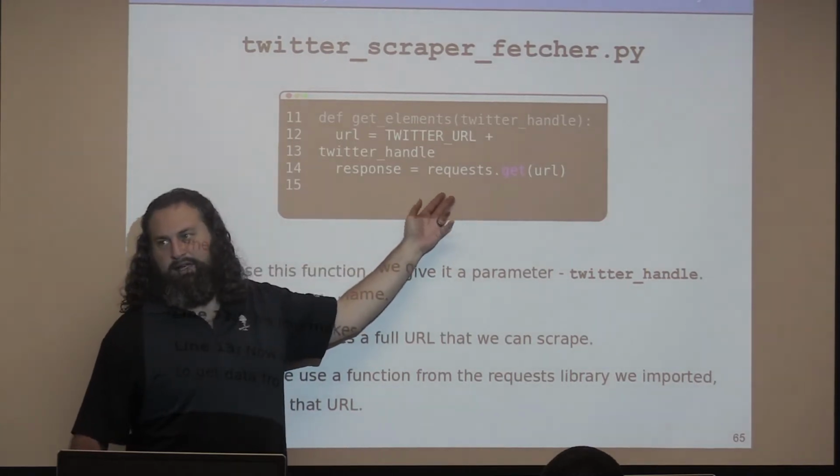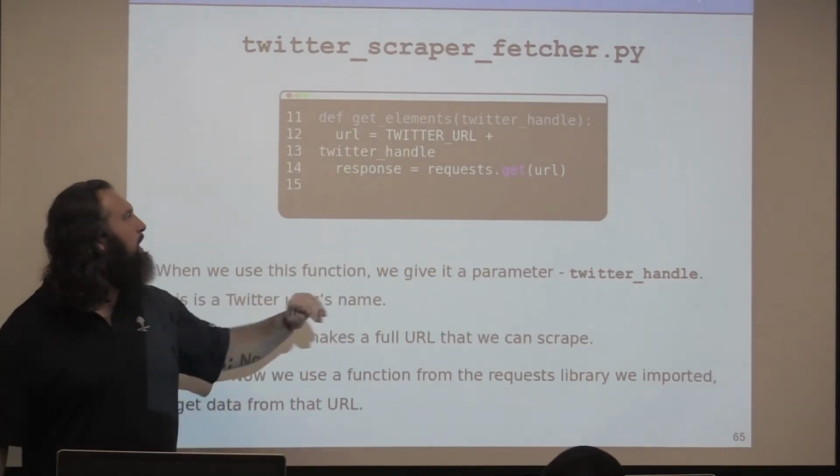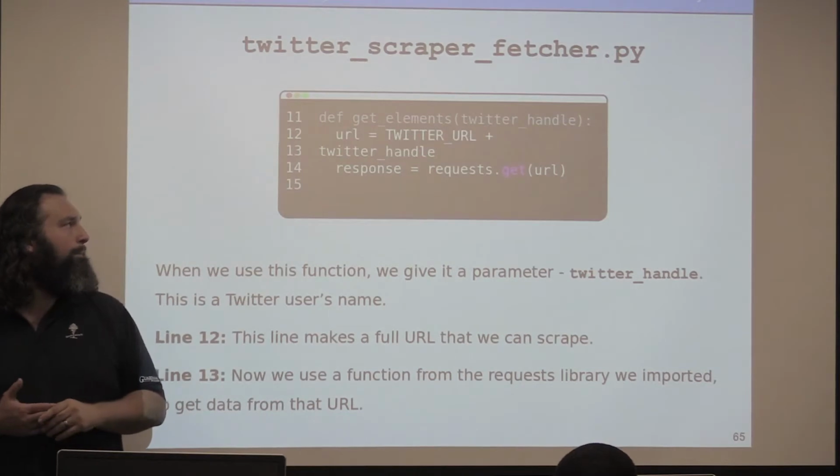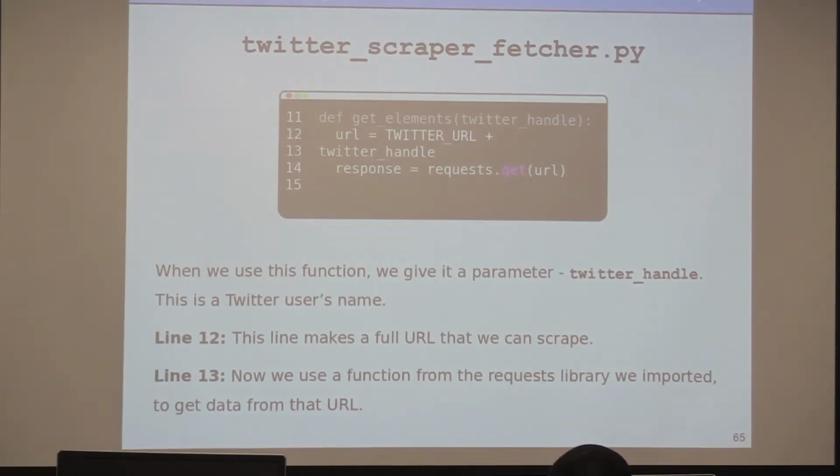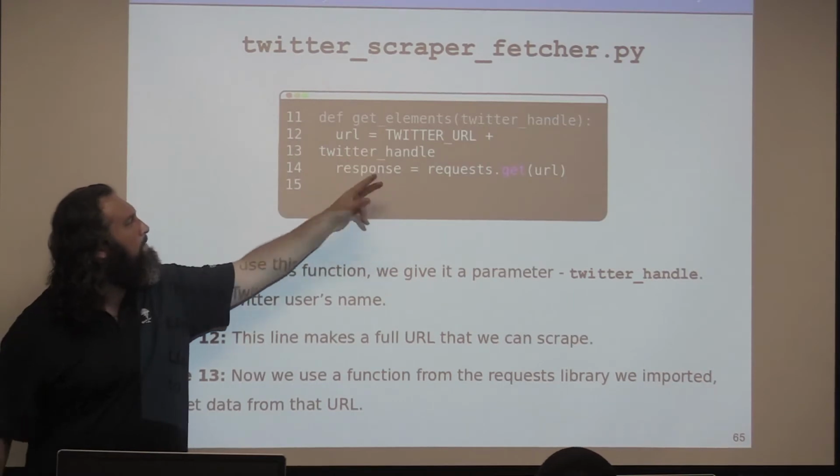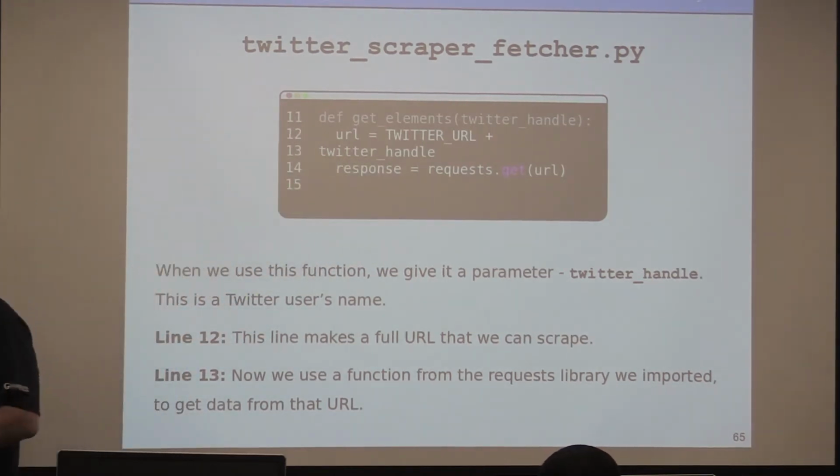It's actually located in the requests library, and you're going to pass it in the URL. Now remember, those two elements, this is the global, and it's passing in the Twitter handle. The Twitter handle is going to be an argument that you're going to provide when this function is running.